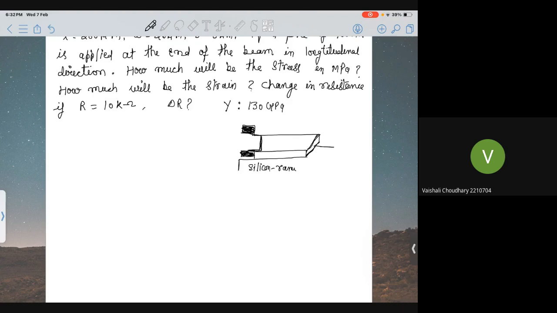And we are applying a force in this direction, longitudinal direction. Okay. So this problem is based on the piezoresistive sensor. Okay.